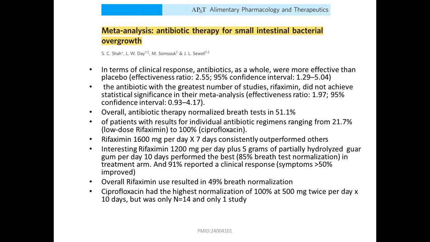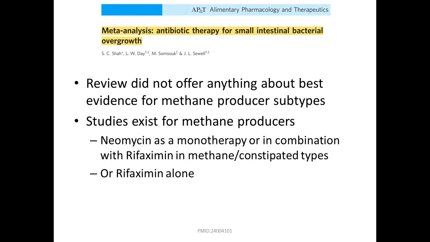And regardless of this, it is the standard treatment for most GI docs who are now treating standard small intestinal bacterial overgrowth. This review did not mention anything about methane producers, which is something that we now have a study on that came out this summer talking about a combination of neomycin and rifaximin to eradicate methane constipated subtypes, and I will talk about that in just a little bit.